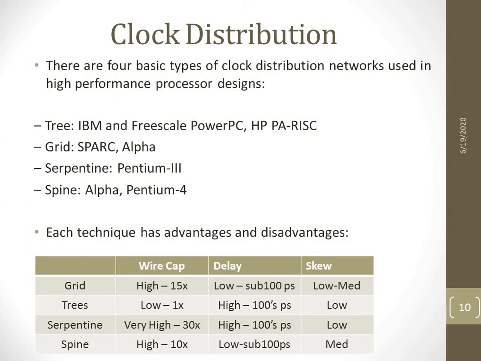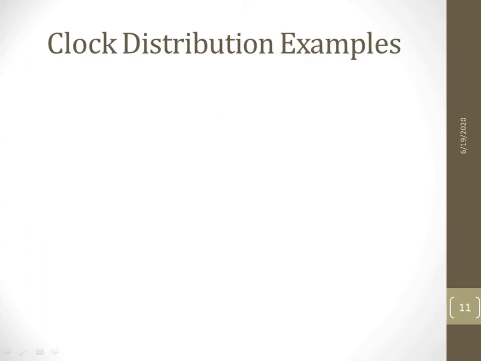Serpentine has very high wire cap, high delay and low skew. And the spine type has high wire cap, low delay and medium skew. So everyone has its own advantages and disadvantages.